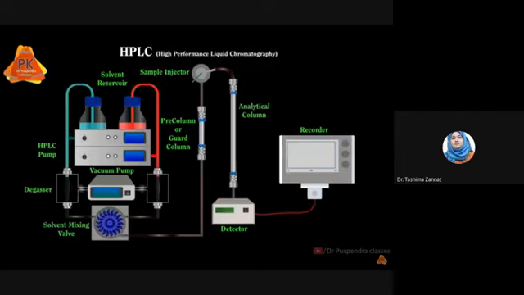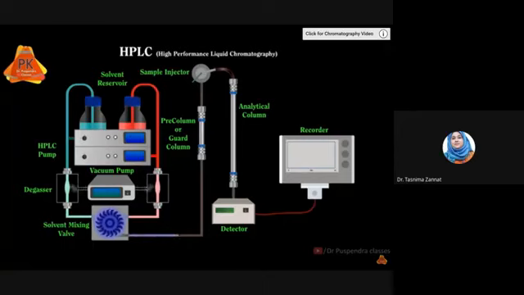Now these solvents will come to the degasser, and the degasser is attached with a vacuum pump which will create high vacuum, so any gas or air dissolved in the solvent will be removed online, because this may create problem during elution. After degassing, solvents of the mobile phase will move towards the solvent mixing valve. In the solvent mixing valve, mixing of the solvents takes place, which will help to produce uniform mobile phase.